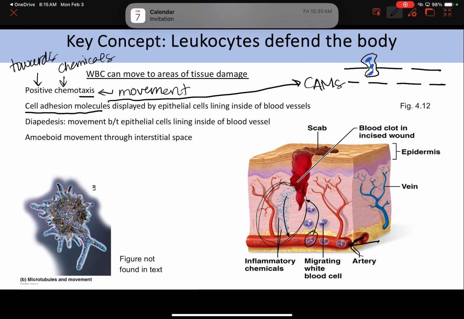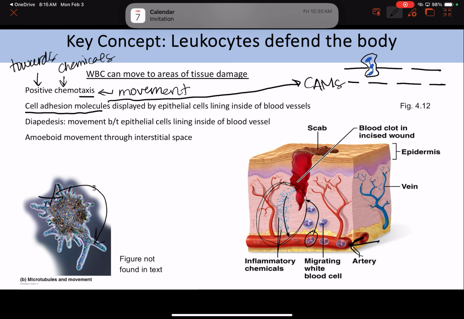Do you guys remember the name of all the proteins and filaments that give the cell its shape and structure? It starts with a C. Cytoskeleton. So amoebas break down their cytoskeleton in the back and move those filaments to the front, making them inch forward a little bit.